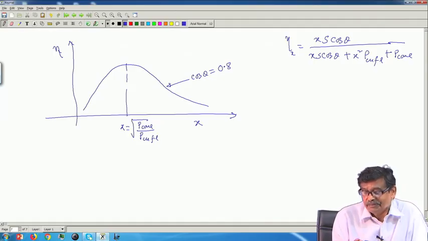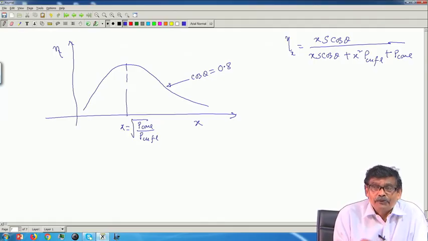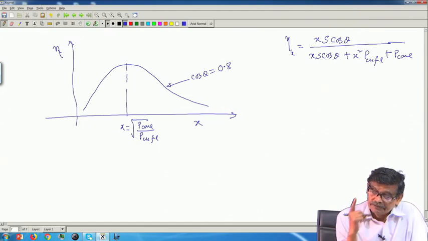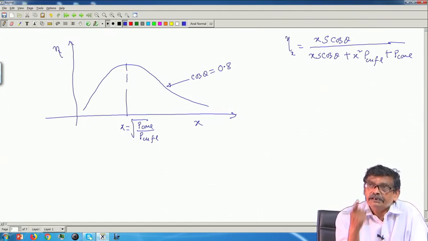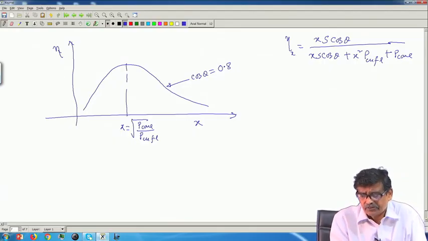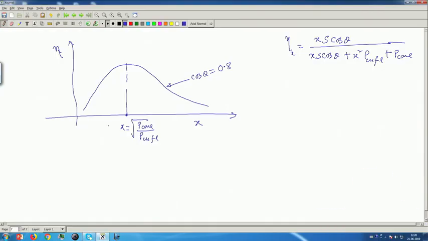Repeating once again, do not feel bored, P core is the reading of the wattmeter from the no load test. P copper full load is the reading of the wattmeter from short circuit test, and these two numbers you divide, take square root, get this point. This is the degree of loading at which eta max occurs, for this power factor.